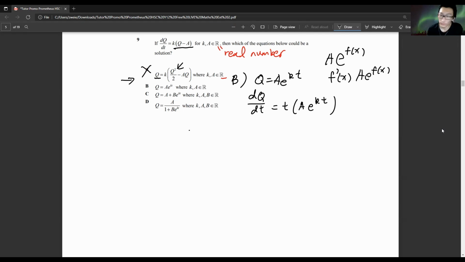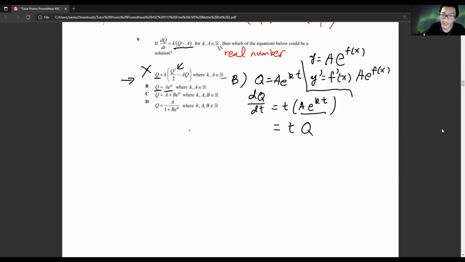So y equals something like this, my y dash is something like this, okay? And I do know that A e^(kt), looking at the original equation, is my Q. So what I get is my dQ on dt is actually tQ. But this isn't what we are looking for.